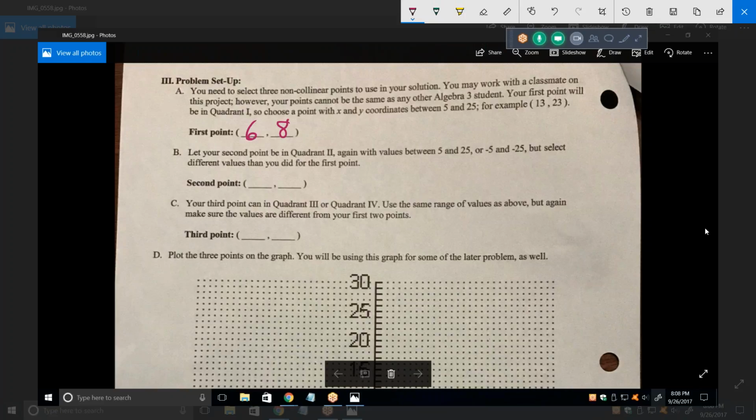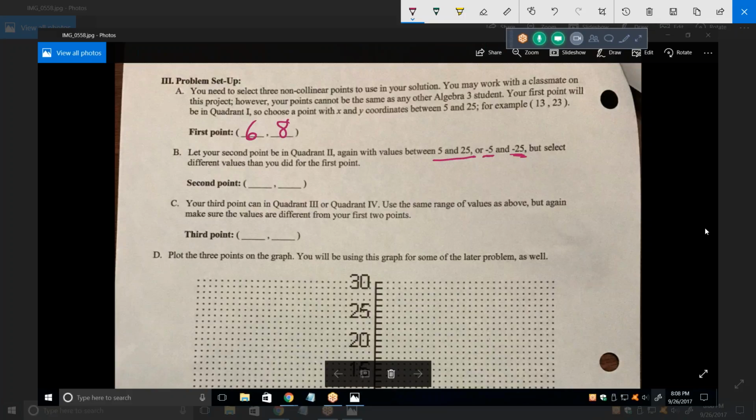Let your second point be in quadrant 2. Again, with values between 5 and 25, or more precisely, the x value has to be between -5 and -25, because we're in quadrant 2. They're all negative on the x-axis. Now, the y values are still positive.